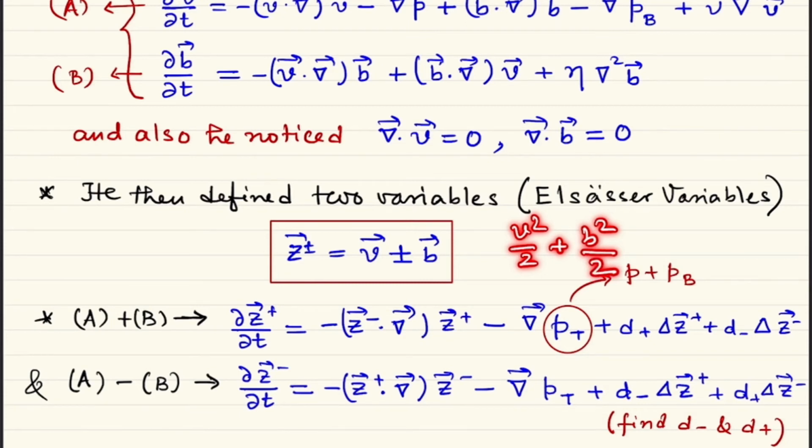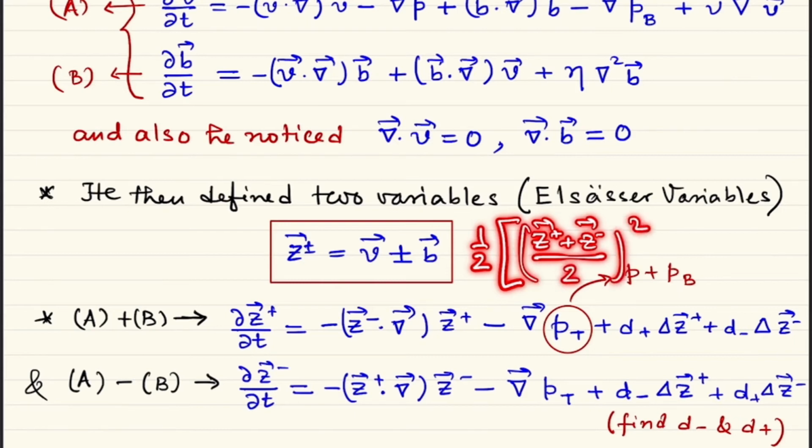And then what will this be in terms of the Elsasser variables? Well, can you write that? So simply it will be half v square plus b square, and v square is nothing but z plus plus z minus by 2 whole square, plus z plus minus z minus by 2 whole square.